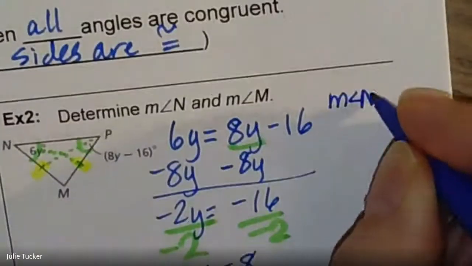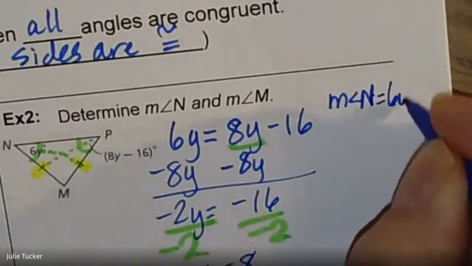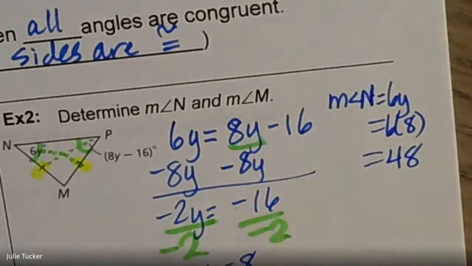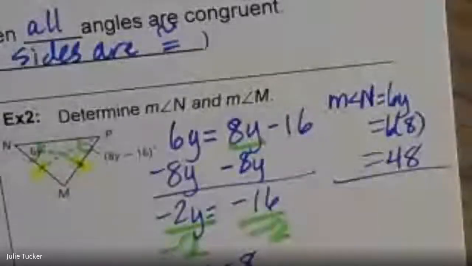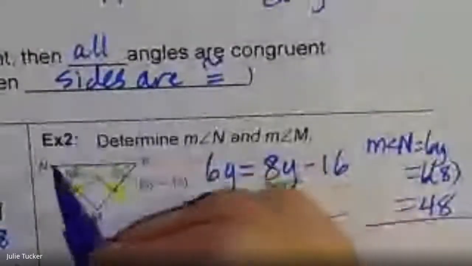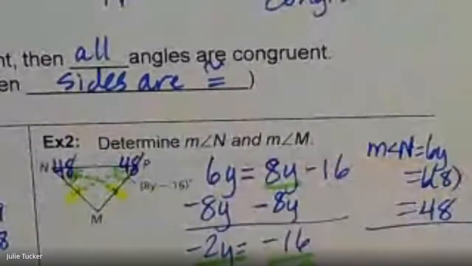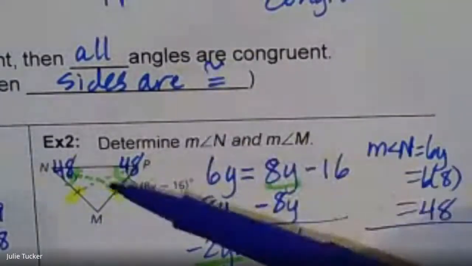So n is 6y equals 6 times 8 equals 48. Okay. So now if n is 48, then so is p, because those are the base angles, so they're the same.